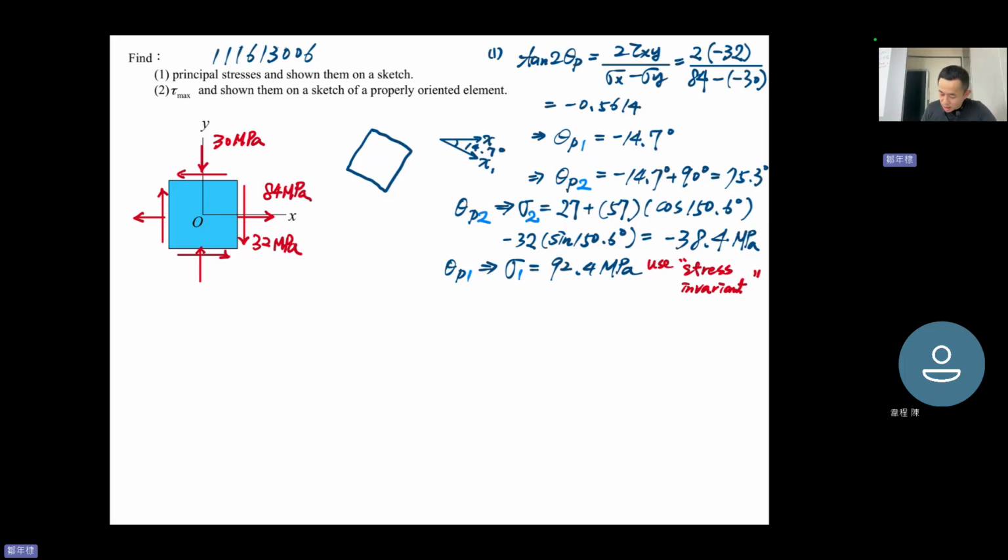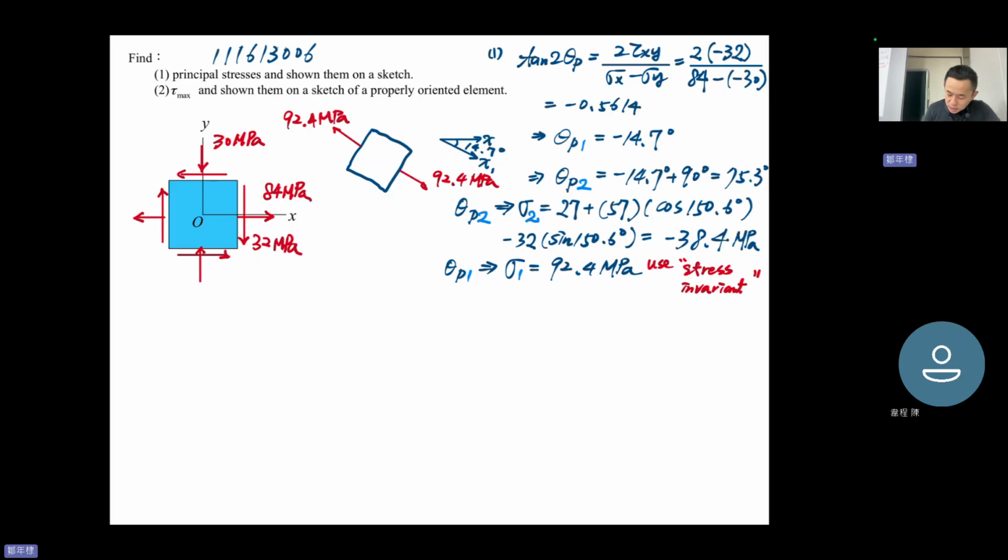And then at that direction, you have 92.4 MPa. Of course, 92.4 MPa. All right.